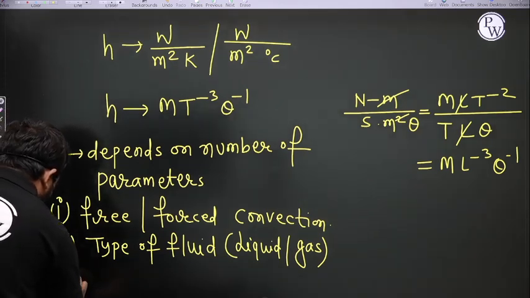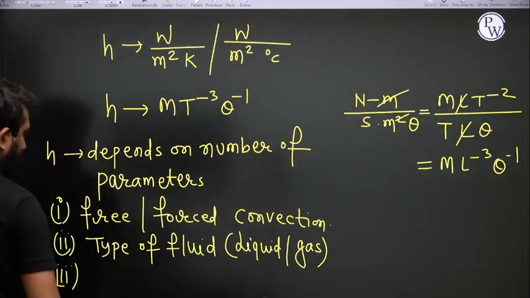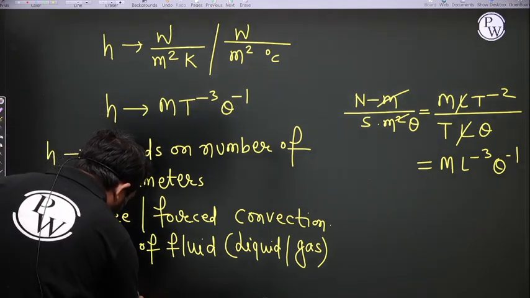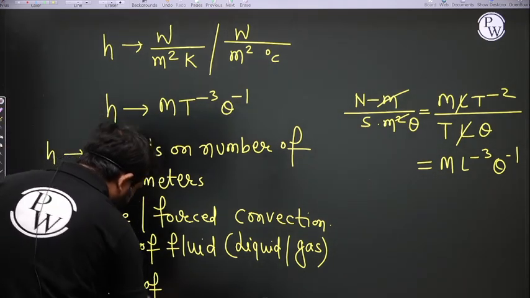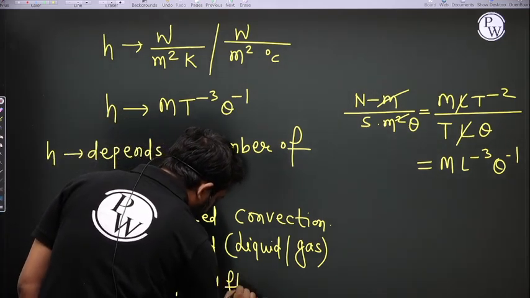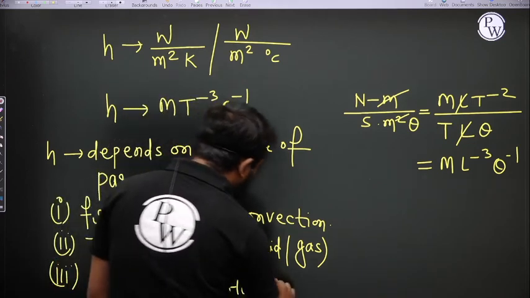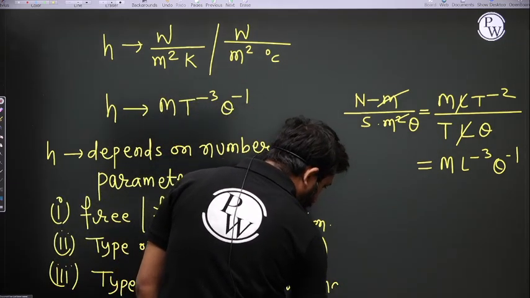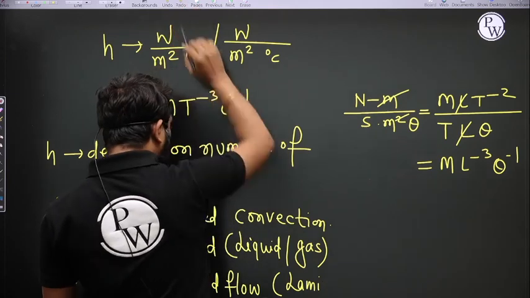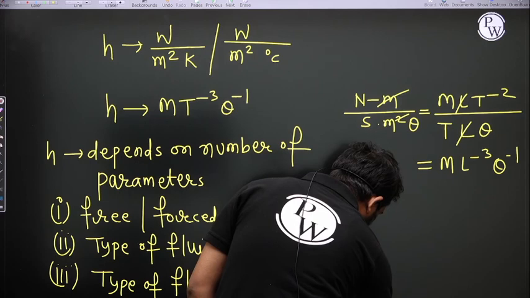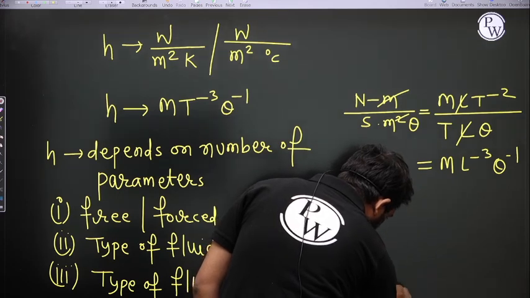Next, this convective heat transfer coefficient depends on the type of fluid flow, that means whether the flow is laminar or turbulent.